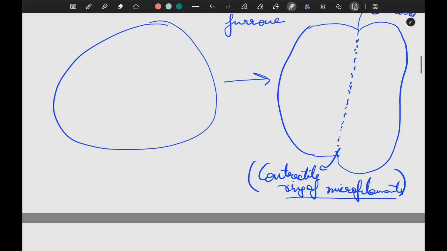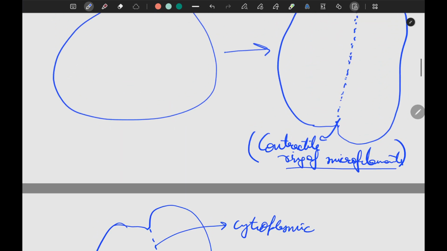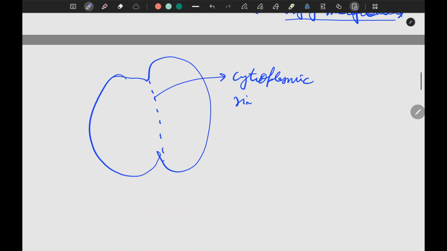Now one more thing, this was a cell, here it was dividing, at this point we can say this cytoplasmic ring of microfilaments.